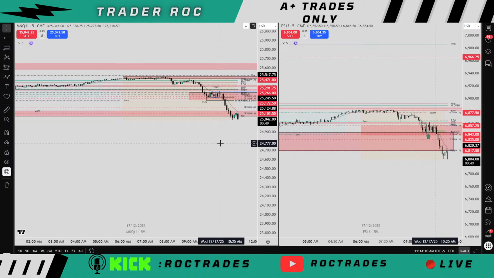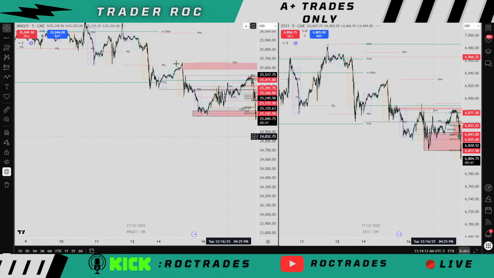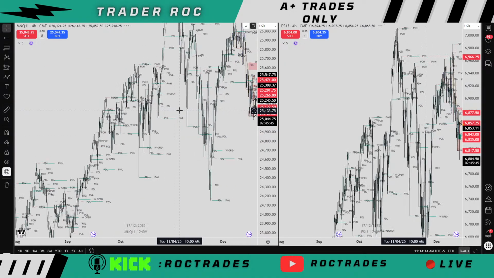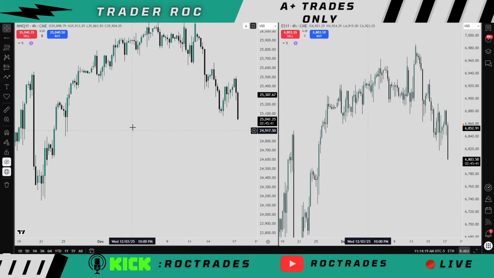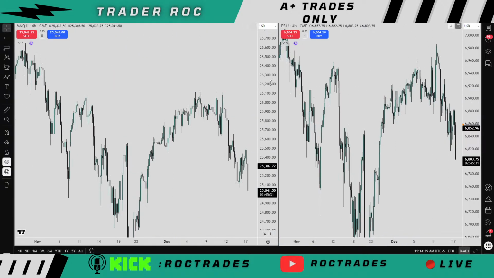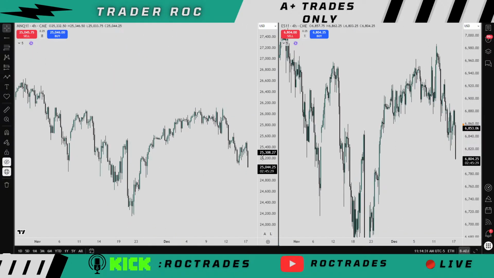Wow. 4 hour chart. What else is there? Yeah, this 4 hour low right here. 4 hour imbalance, price is filling into. Crazy, man.